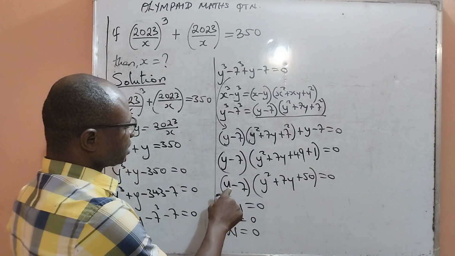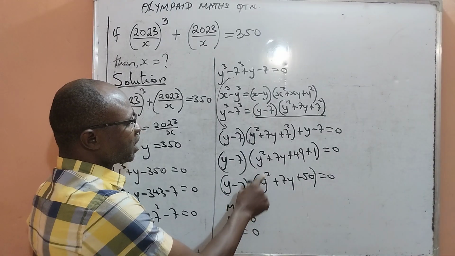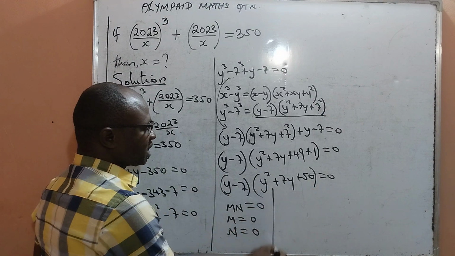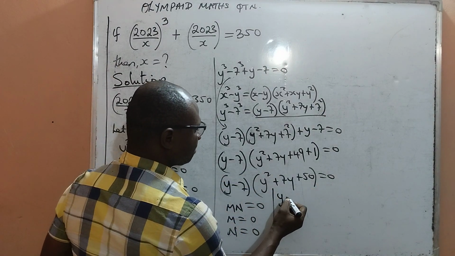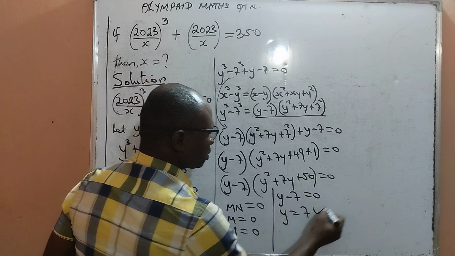It implies that y minus 7 is equal to 0 and also y^2 + 7y + 50 is equal to 0. So working on that, I can now say y minus 7 is equal to 0, meaning that y is equal to 7.